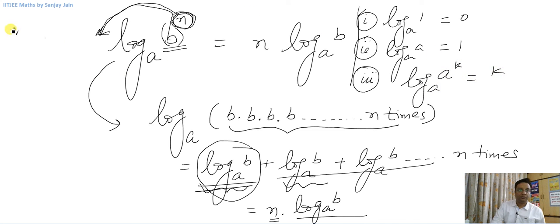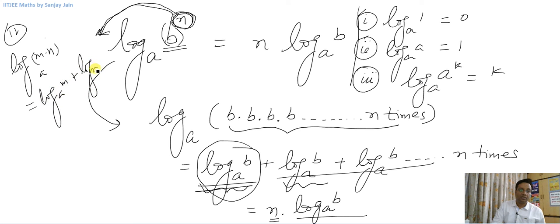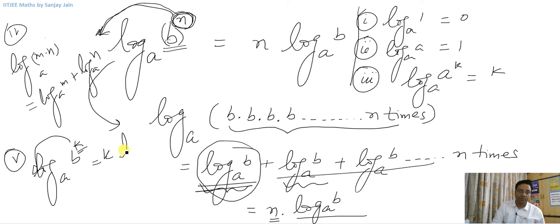Then fourth, we studied log m into n to the base a can be written as log m plus log n to the base a. And the fifth part that we studied: let us say I write b raised to power k here, so I can take this k outside. So the rule is k into log b to the base a. Right? This much should be clear to you, and in the next lecture we will continue this discussion.